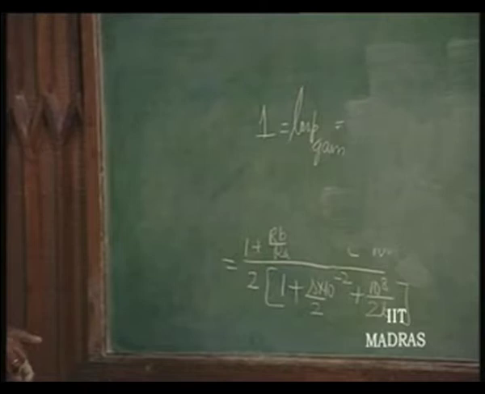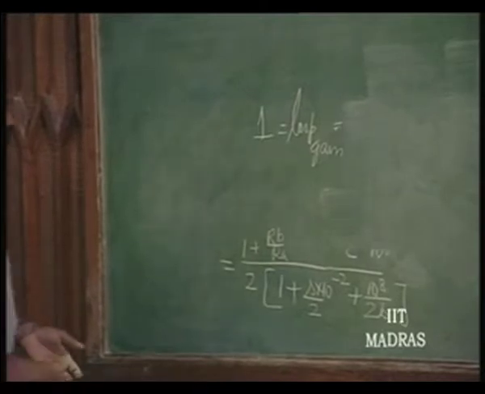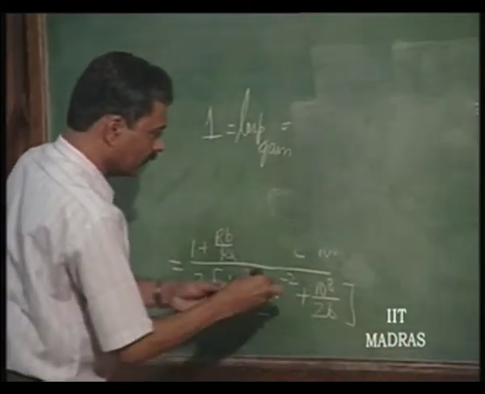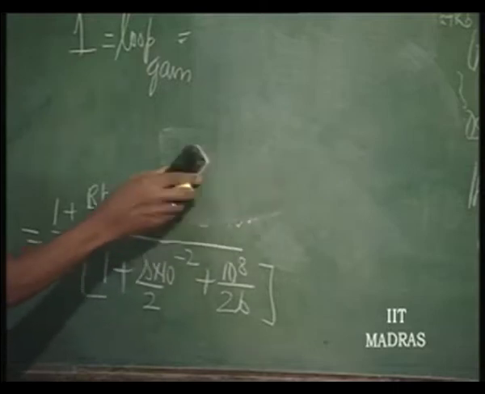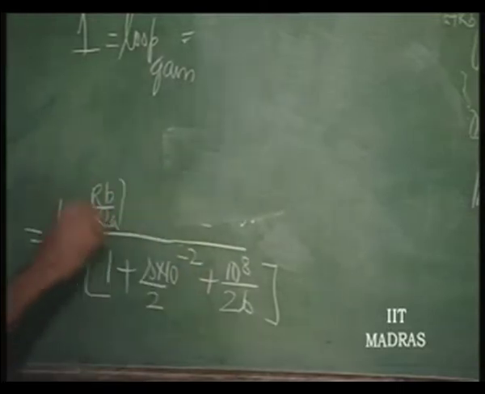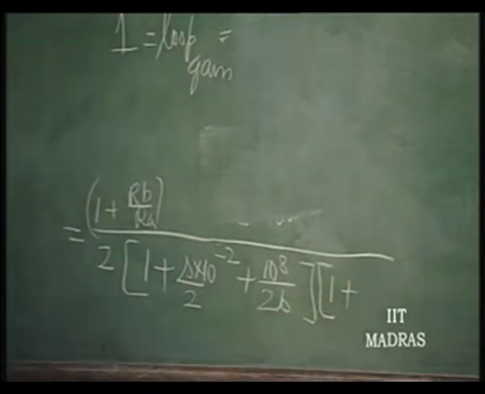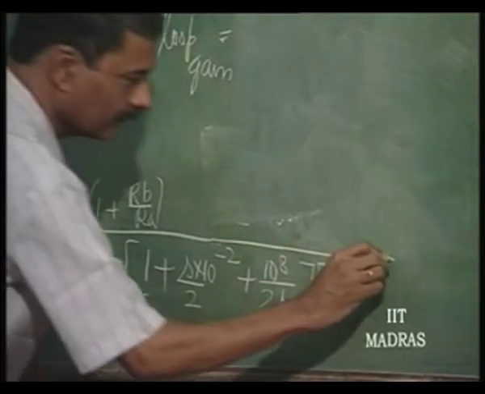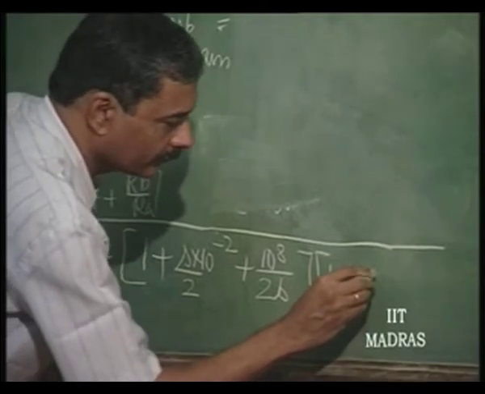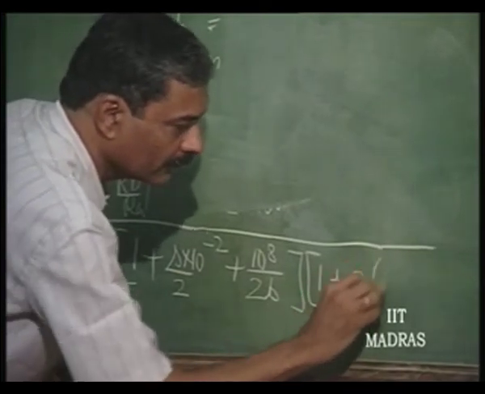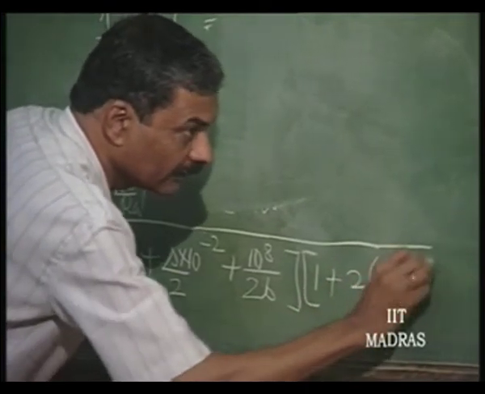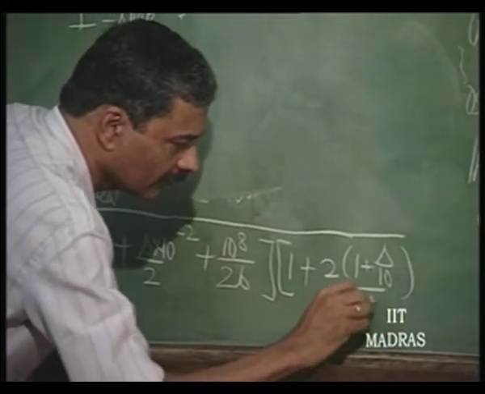Now, actually speaking, I think I removed this. Where is that? There is this factor, this into 1 plus. What is that? 2 into 1 plus s by 10 divided by 10 to the power 6.